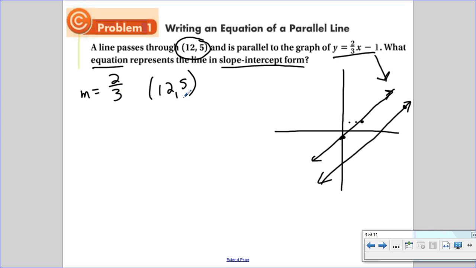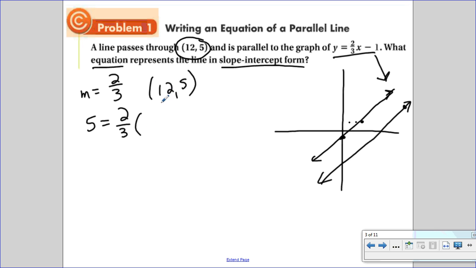Now you can do this in two different ways. You can do this straight with slope-intercept form, or you can do it in point-slope form. So I'm going to do this two different ways just to show you. You pick which one you're more comfortable with. So the first one would be staying in slope-intercept form. So I'm replacing my y with 5. My slope I know is 2/3.